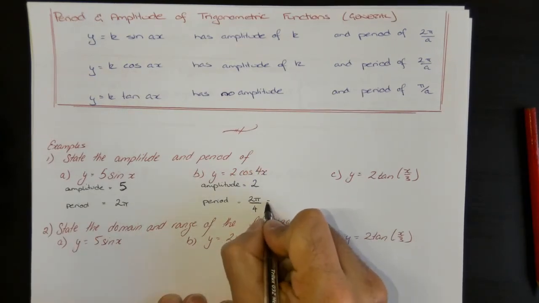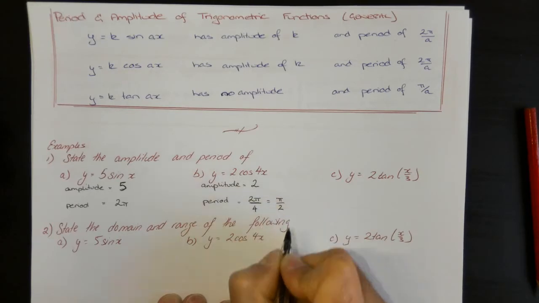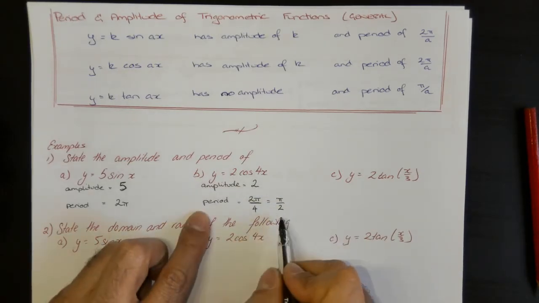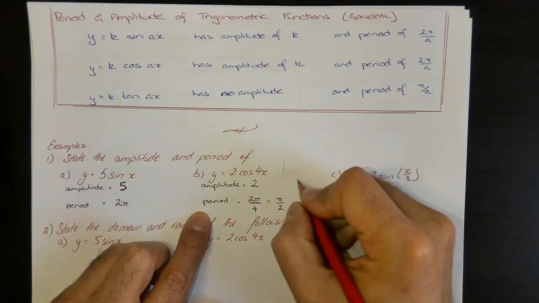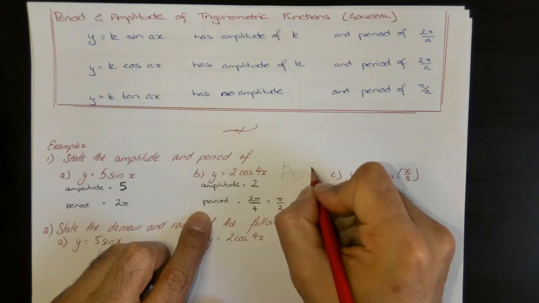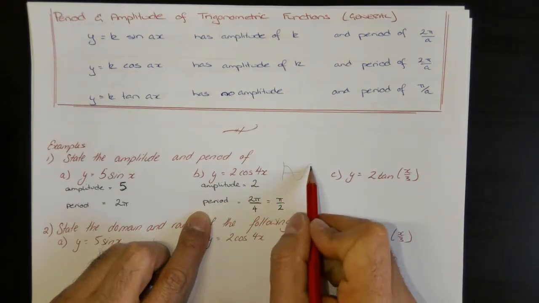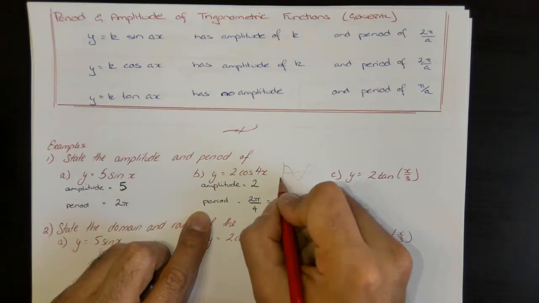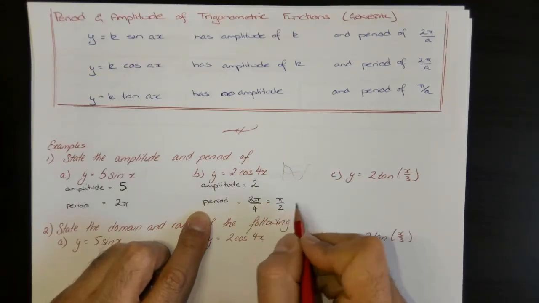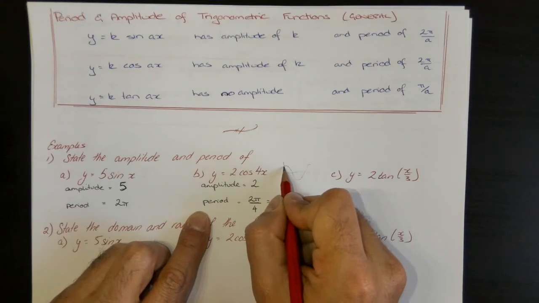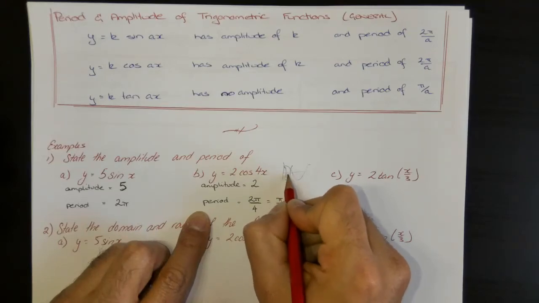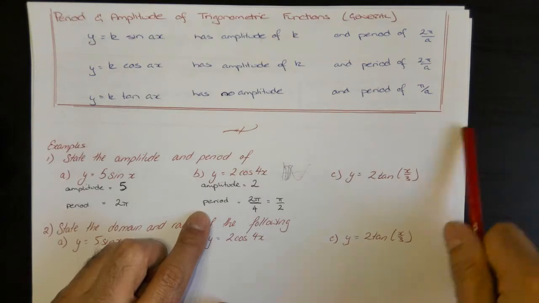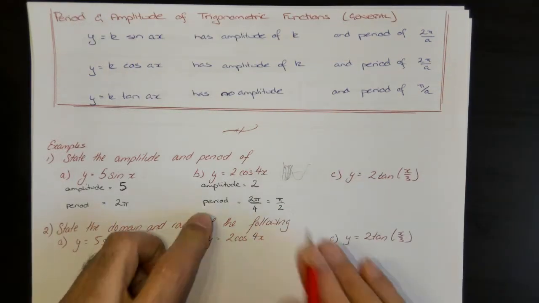So 2 pi divided by 4 would be pi on 2, which means that if you had a normal cosine repeating with a period of 2 pi, it's now going to do this pattern every pi on 2, so it compresses it. That's just a very quick draft.